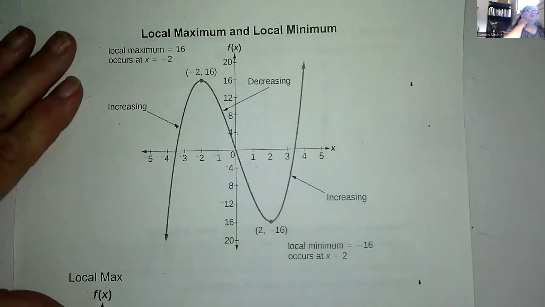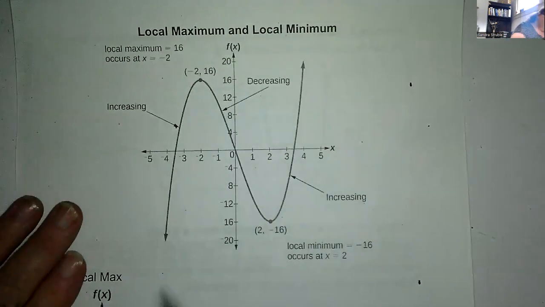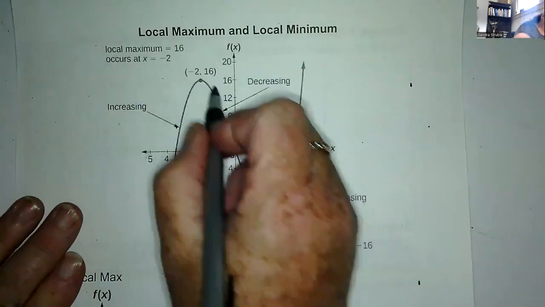All right. Local min and max. In order to have a local max, you have to start off, from left to right, increasing and then decreasing. So we're increasing and then decreasing.